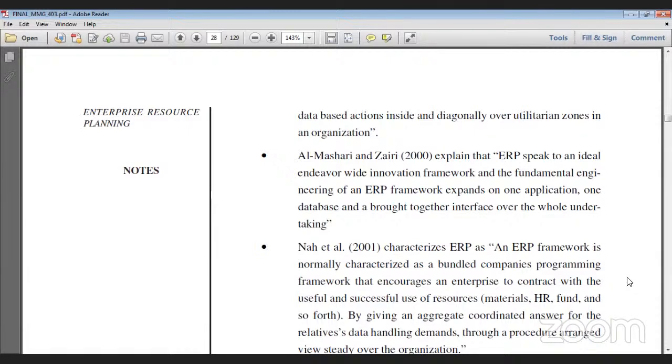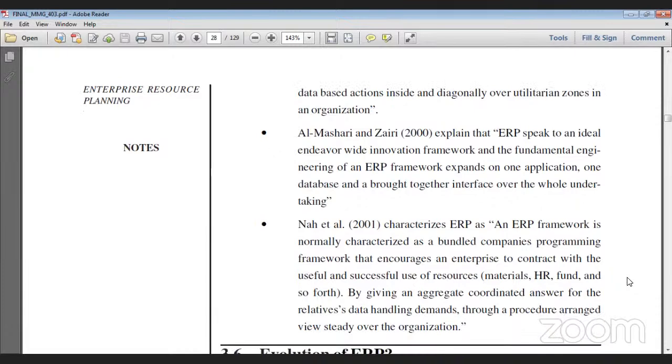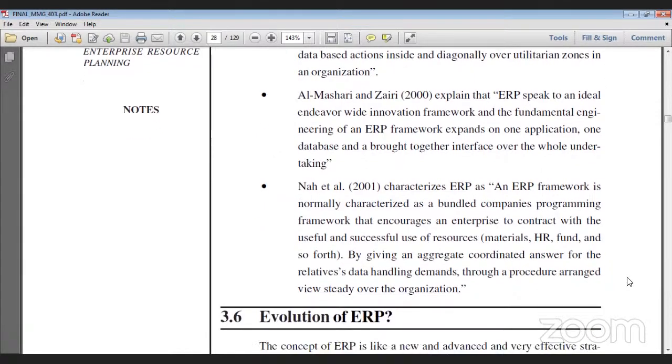They stated that the ERP framework is normally characterized as a packaged software system that encourages an enterprise to manage the efficient and effective use of resources, that is material, HR, finance, and so forth, by giving a total integrated solution for information processing and demand through the processes arranged and steady over the organization.